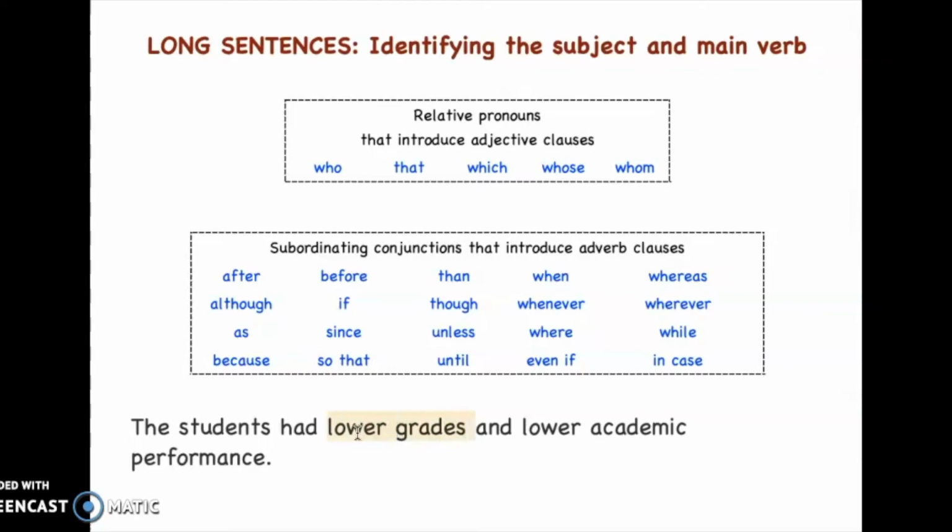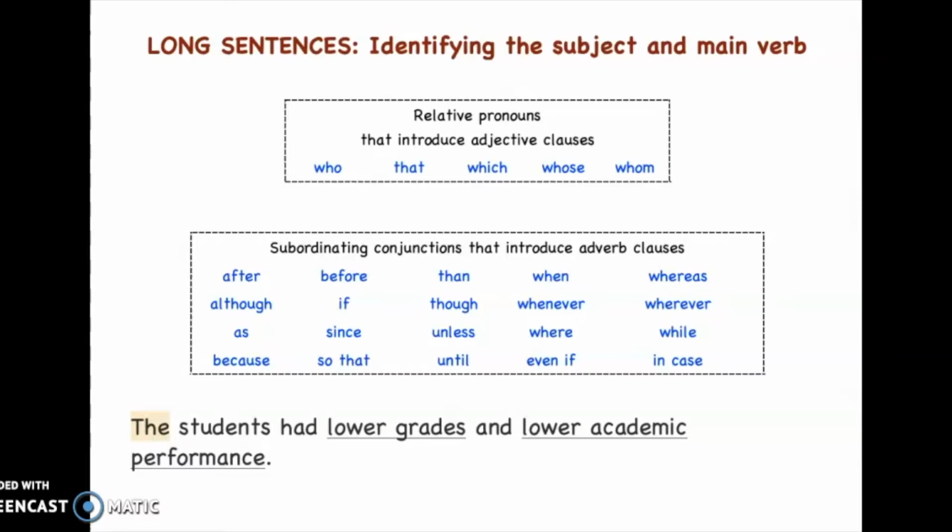So they had lower grades, that's an adjective and a noun, and they had lower academic performance. That's two adjectives. Lower and academic tell us about their performance, which is another noun. So these are the two things they had. And we can take out the, because the is just simply telling us about the students.